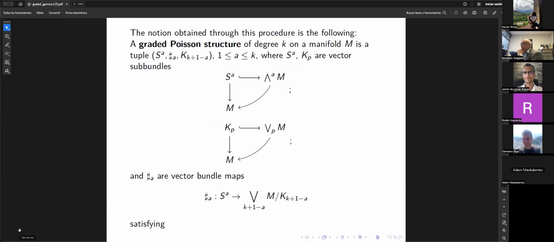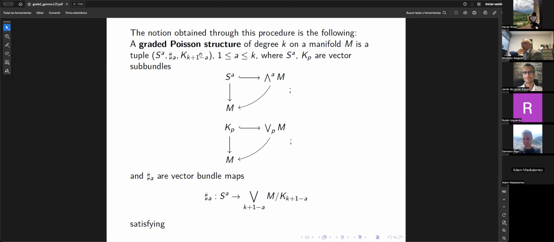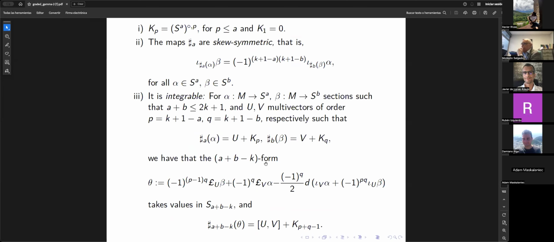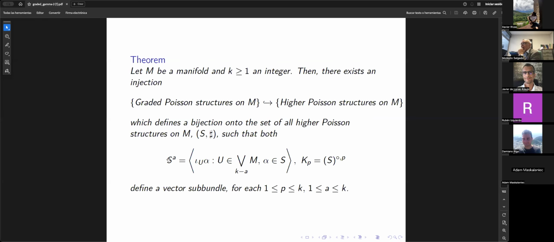So we have this family for any A, satisfying these properties. So it's very technical, but it is just the thing that we need. And so this is indeed a graded Dirac structure. So we are working things in the right way.